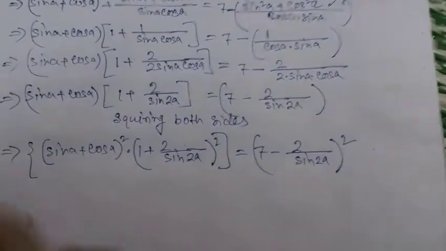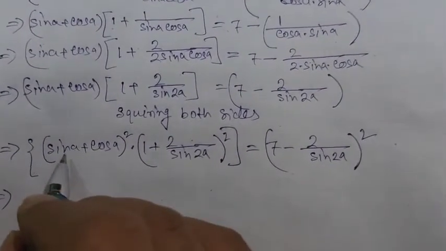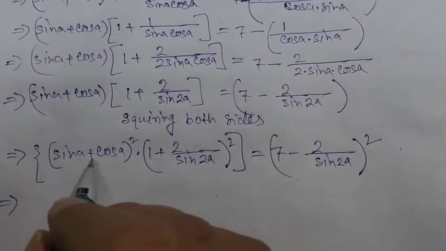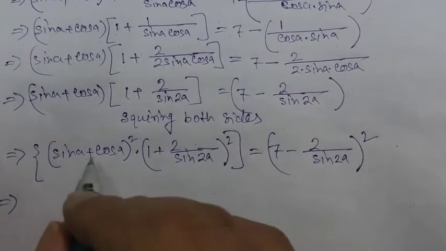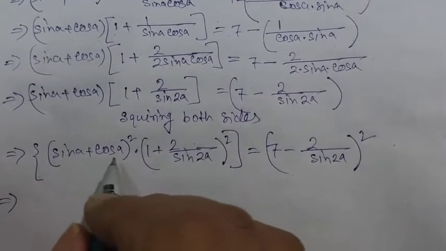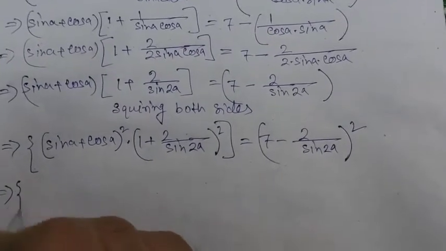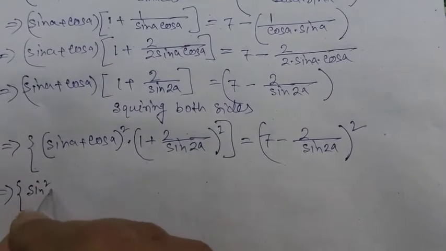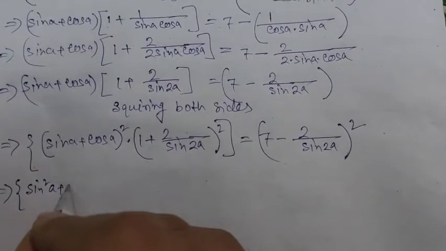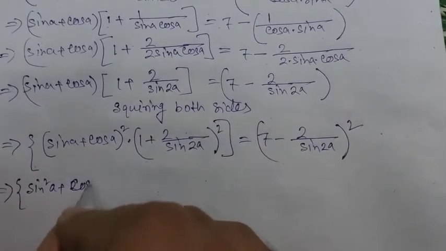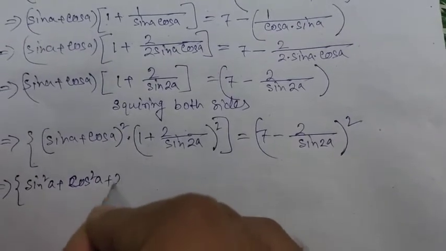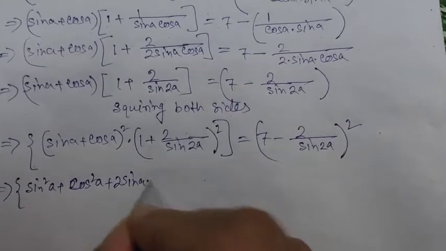Next, for sin a plus cos a whole square, we will use the a plus b whole square formula. So we will get sin square a plus cos square a plus 2 sin a into cos a.